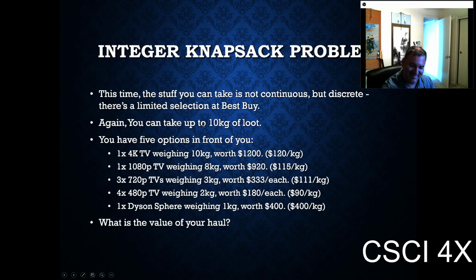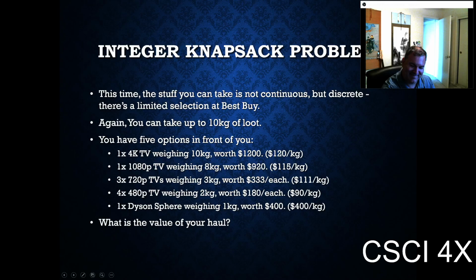So, it gets harder though when you have integers. Okay, so with integers, the thing becomes a little bit trickier, right? So I've broken down the price of these different things per kilogram, and so the most valuable option there is the Dyson sphere, I guess.